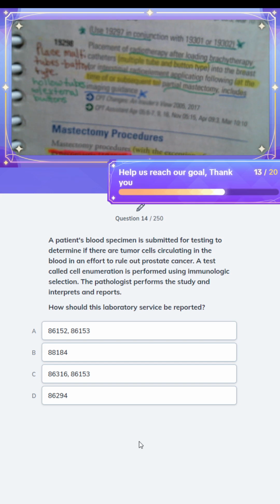Lab and Path 1. Are we in the 88s or are we in the 861s or the 863s or the 862s? These are all over the place in the book. None of them are going to be all grouped together. Did we do 2 tests or did we do 1 test? That might be helpful too.